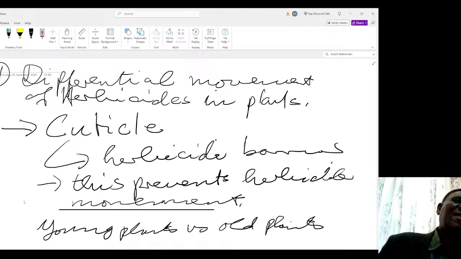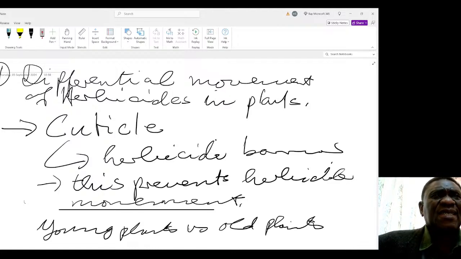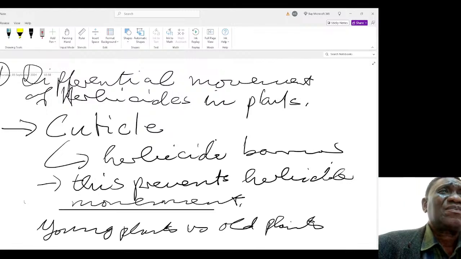So now let's suppose the herbicide has entered the plant system. What is going to happen?